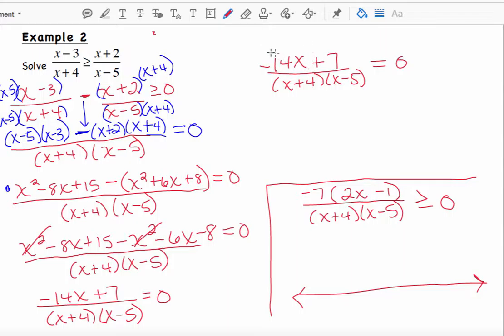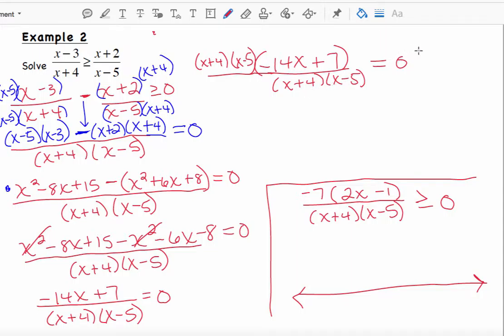What I'm going to do is the same thing I did in the very first example. I multiplied both sides by the denominator. I am going to multiply the left side by x plus 4 times x minus 5 because that is going to cancel out my denominator for me. So I can finish solving.